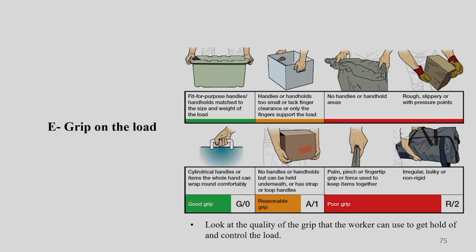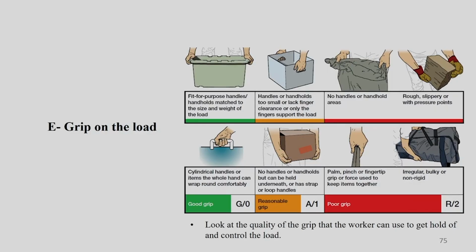Now for the amber, it has two different options. One is handles or handholds too small. Handholds are there, however they are quite small, so it is difficult for someone to hold it. So there will be some restriction. Maybe with the full hand you cannot hold it, maybe you have to do it with 3 fingers, or hold it like this, or you have pain over here.